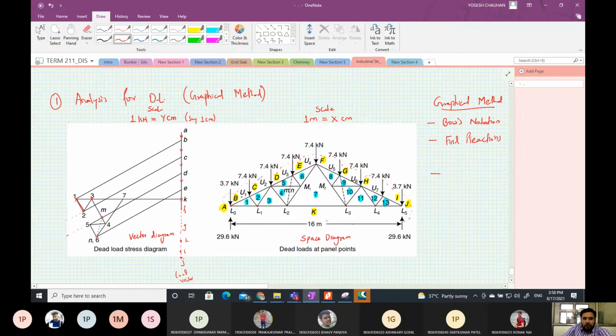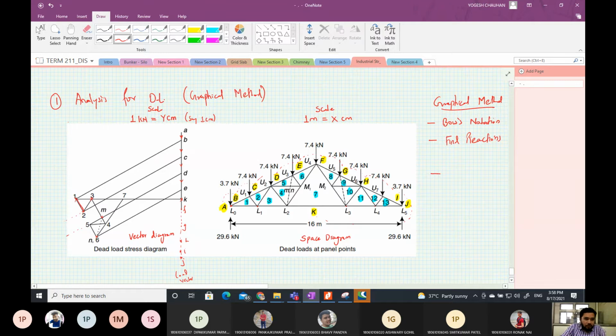Means you have to first draw all these lines parallel to B1, C2, D5, E6. But you don't know the value of 2, 5, 6, so that we have to determine.